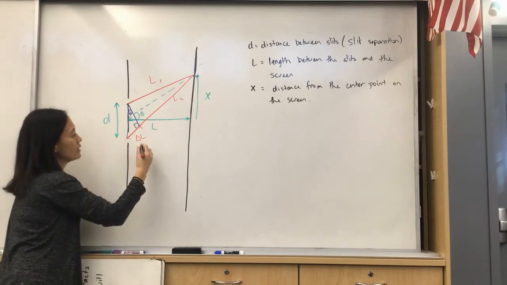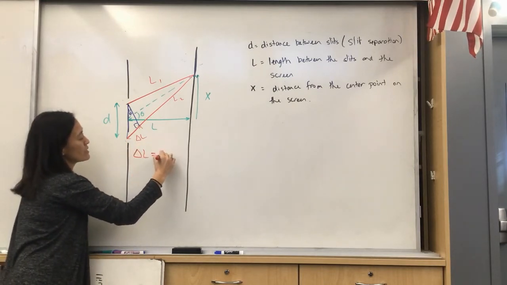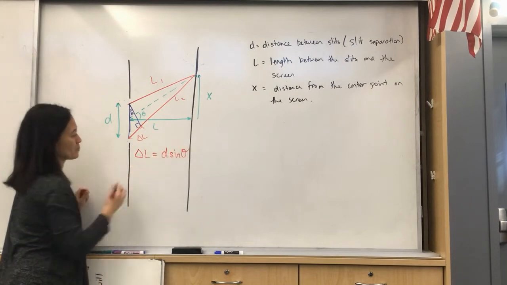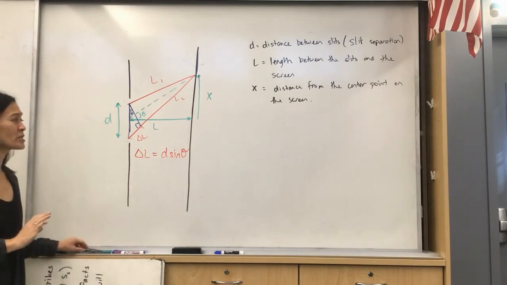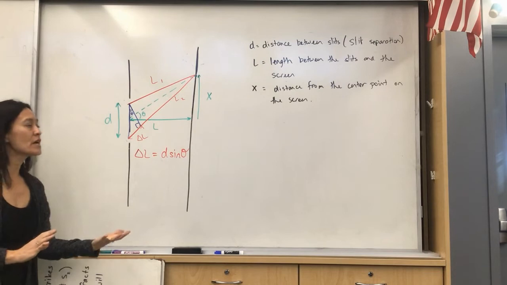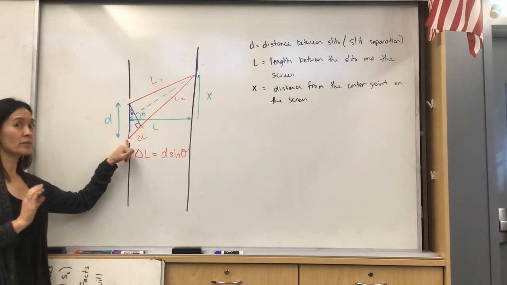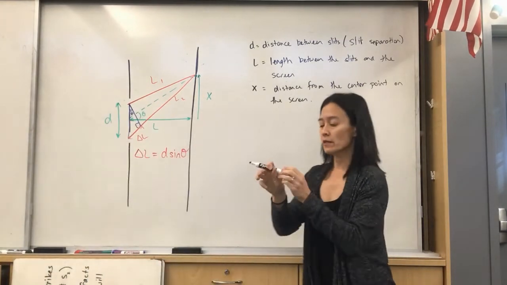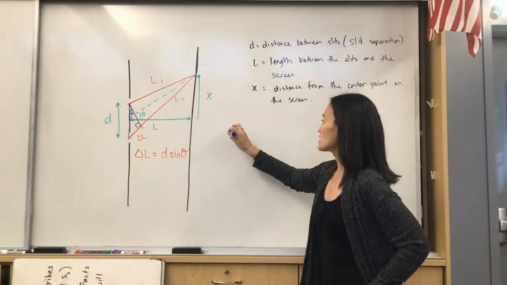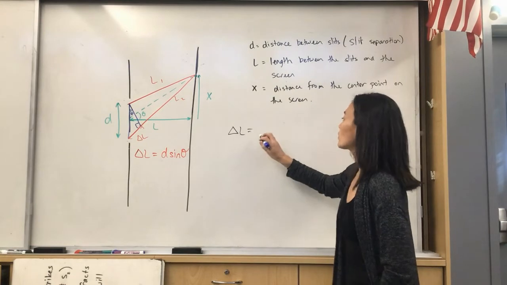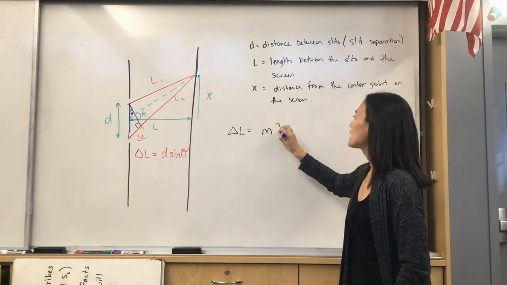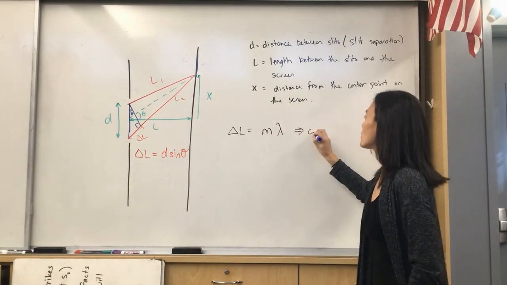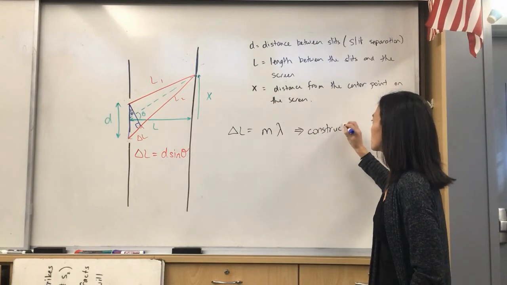This delta L is equal to d sine theta. And that represents that extra little distance that one of the waves from the other slit has to travel. And so we know that if this delta L is equal to m lambda, then I'm going to have constructive interference.